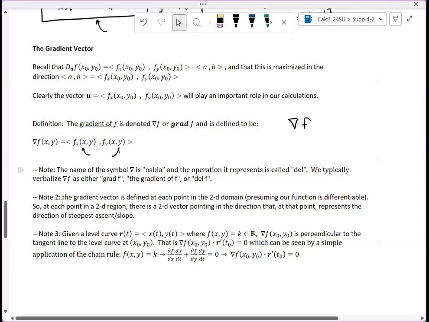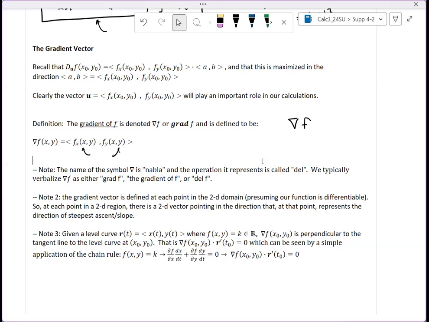Okay, so a couple notes for this idea of a gradient vector. The name of this symbol, this upside down triangle, is called nabla. And the operation that it represents is called del. We're going to be seeing this idea come up quite a bit throughout the rest of the course, so we will want to keep these names in mind.